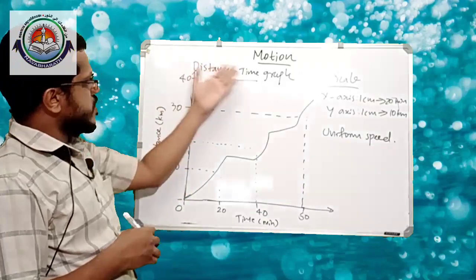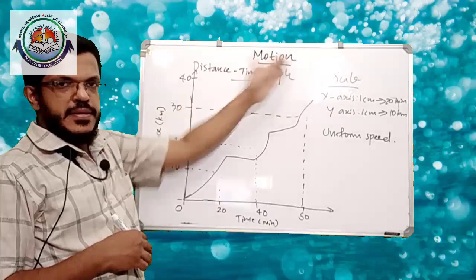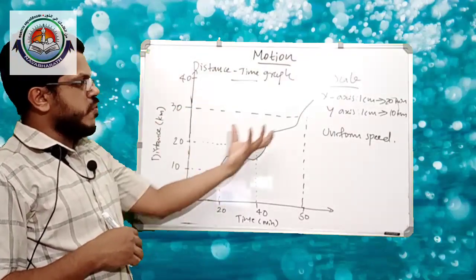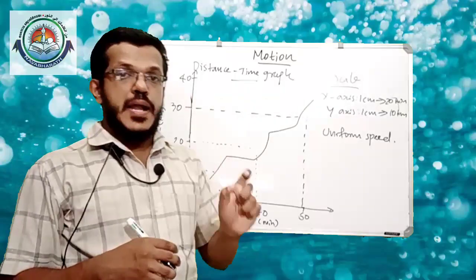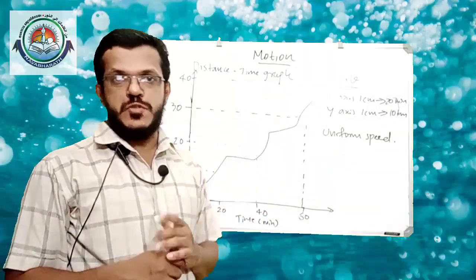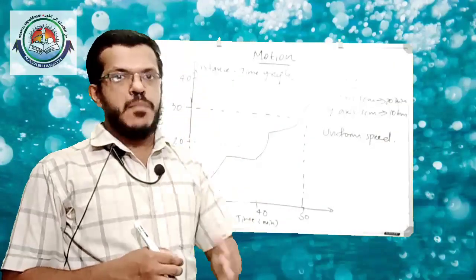In the case of a distance time graph, if the graph shows a straight line, then it shows uniform speed. If the graph is not a straight line, that means it shows non-uniform speed.